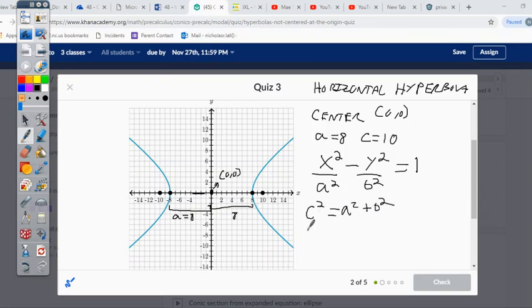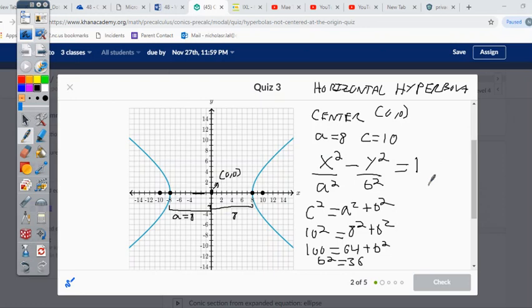So 10 squared is equal to 8 squared plus b squared. So 100 is equal to 64 plus b squared, and that makes b squared equal to 36. So 36 plus 64 is equal to 100.